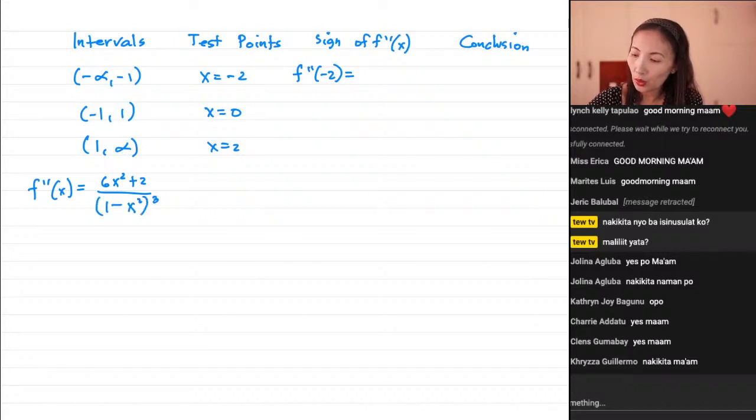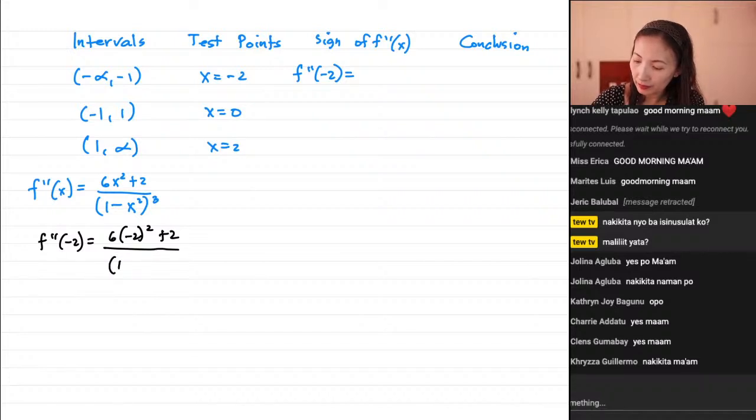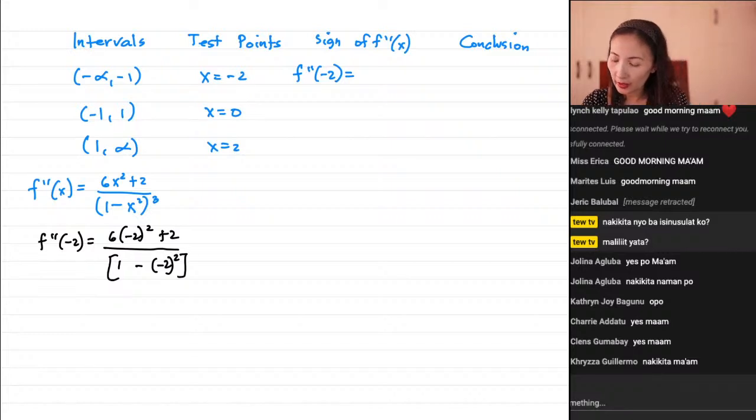What will f prime prime of negative 2 be? It is equal to 6 times negative 2 squared plus 2 all over 1 minus negative 2 squared to the third power.